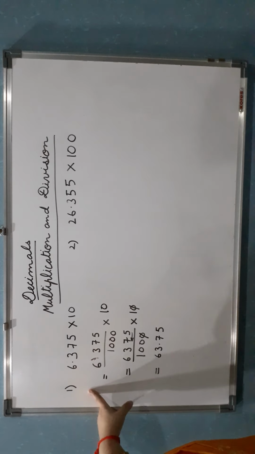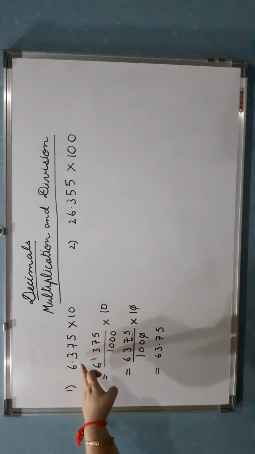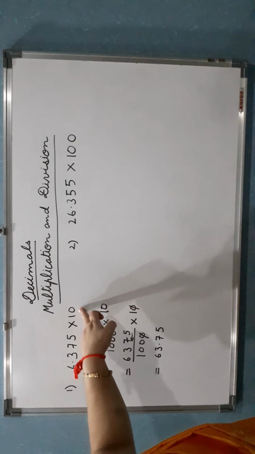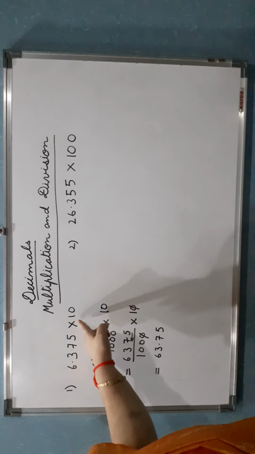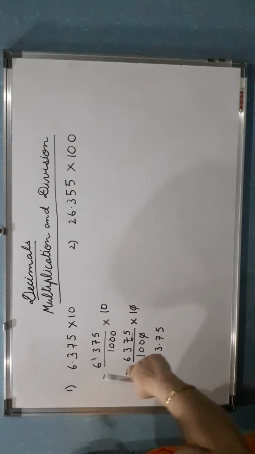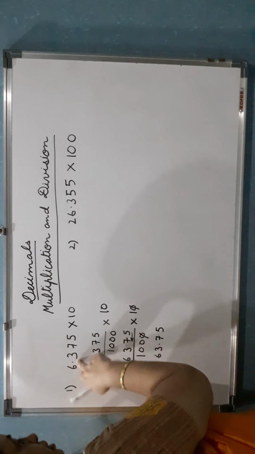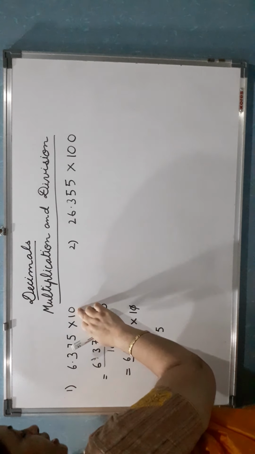So there will be another method also. If here is the point and if here is 10, meaning 1 0, then the point will shift to the right side if here is multiplication. Okay, so you can assume this way also. If the point is here and here is only 1 0, so 10.